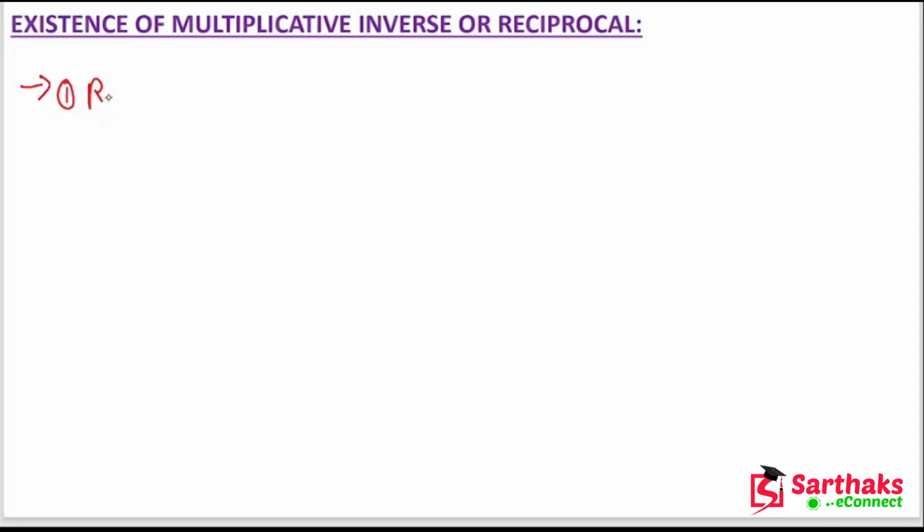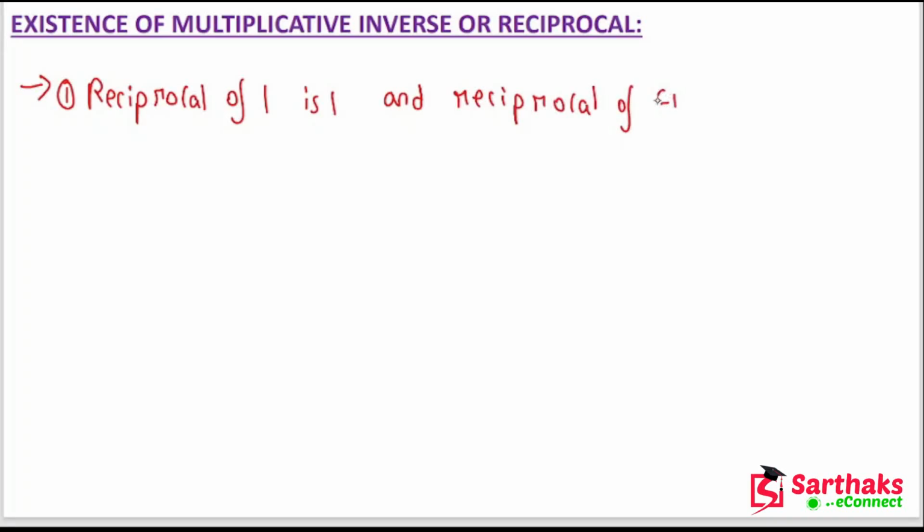First point is that the reciprocal of 1 is 1, and the reciprocal of -1 is -1. That is, 1 is the reciprocal of itself, which is pretty clear, and -1 is the reciprocal of itself, which is also very clear.